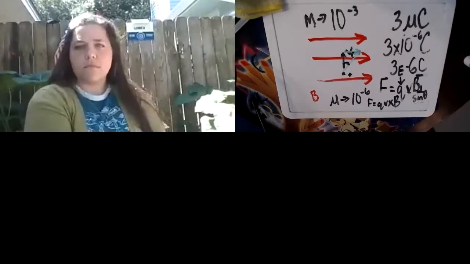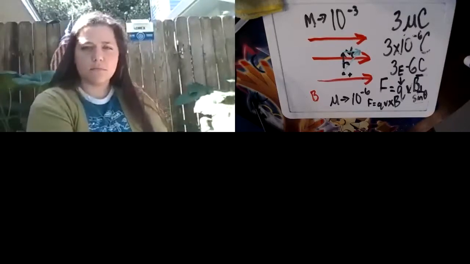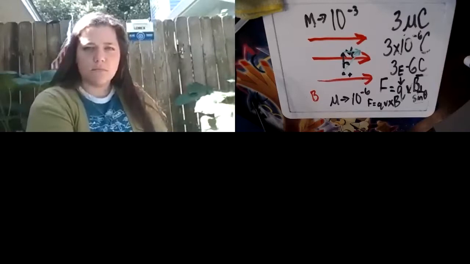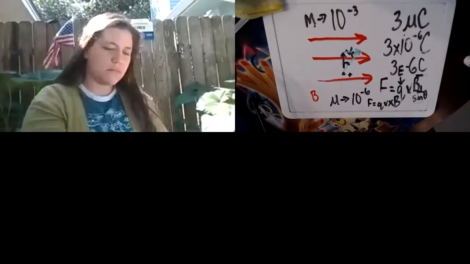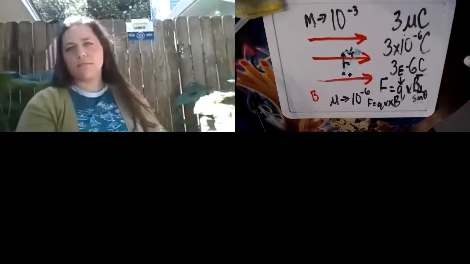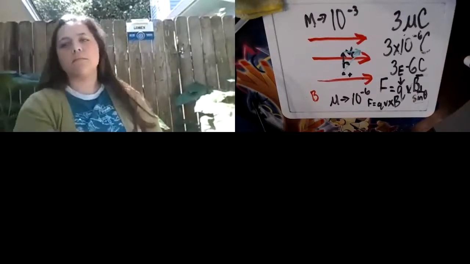You'll find that in physics, we tend to only focus on multiplying or dividing by some number of thousands. So we go from typically base unit to kilo to mega to giga, where we go 1,000, 1 million, 1 billion. And then we would go in the opposite direction. We do milli, micro, and then pico.